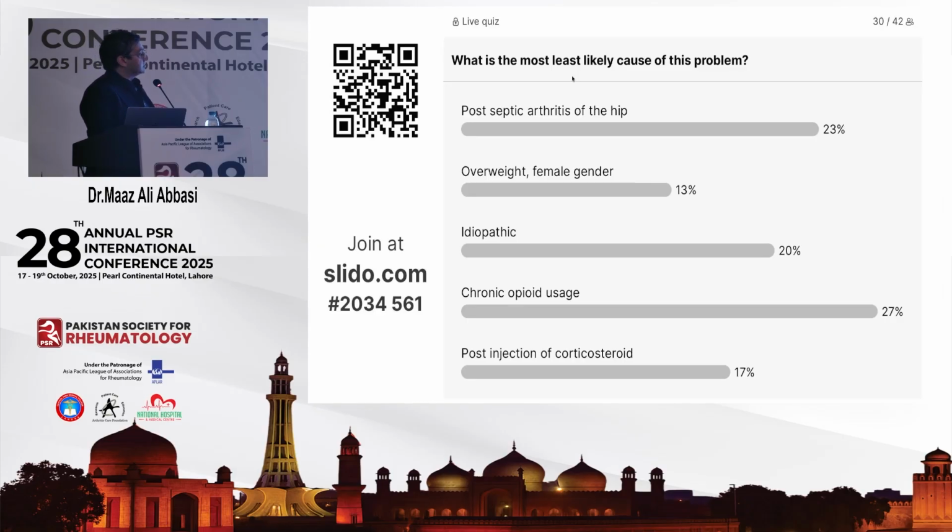It's definitely associated with an increased risk with corticosteroid injection, and that appearance can happen after septic arthritis, but I don't like that diagnosis, and unfortunately many patients end up getting treated for chronic infection with antibiotics. They have osteotomies and all sorts of stuff. Usually that's what that is. So the only one that is not associated with that is chronic opioid usage.